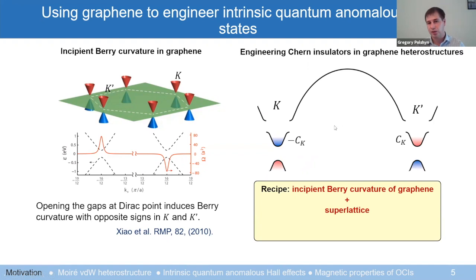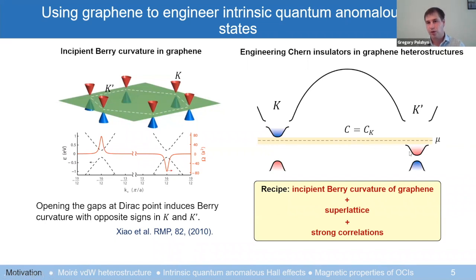However, the net Chern number for such a state will be 0, right? For both of these gaps, which are shown here. So the final ingredient is to introduce strong electronic interactions. If these bands are sufficiently flat, there could be a Stoner type instability, and strong electronic interactions will polarize electrons into one of these Chern subbands.